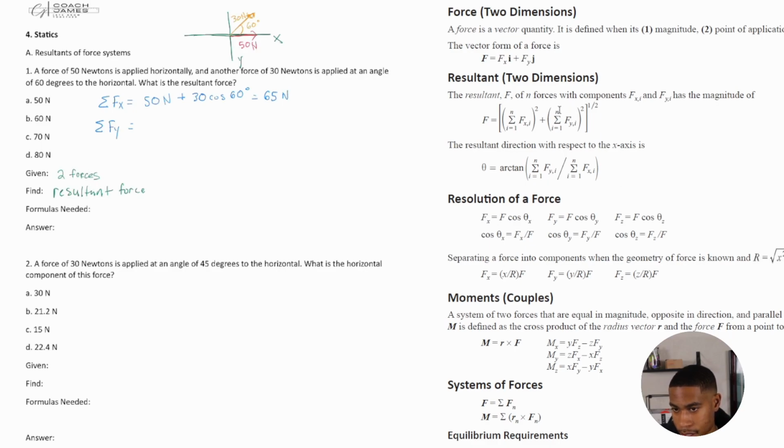What about the sum of the forces in the y? Because that is the second half of this equation. Sum of the forces in the y is equal to, well, our first force is all horizontal, so it's no force in the y, and then our second force is 30 newtons, and so it should be 30 newtons times sine 60.